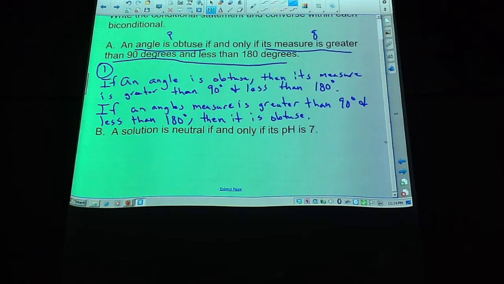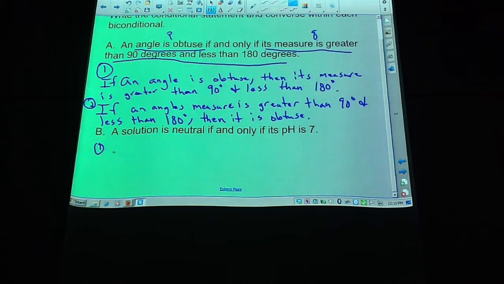I think we've got one more here to do. It says a solution is neutral if and only if its pH is 7. Alright, so we need to write first the conditional statement and then the converse.